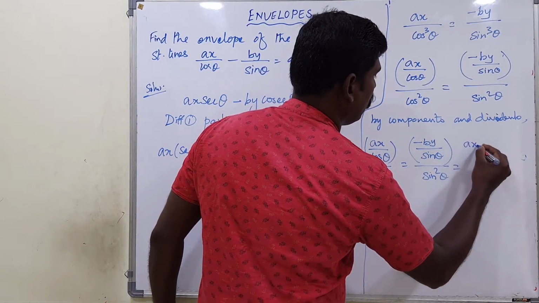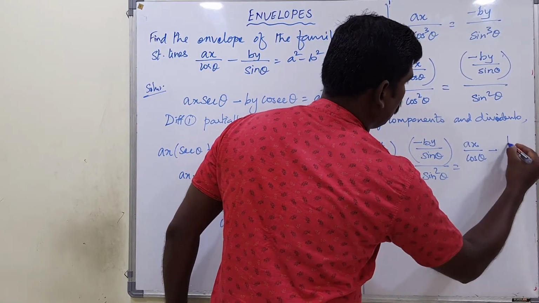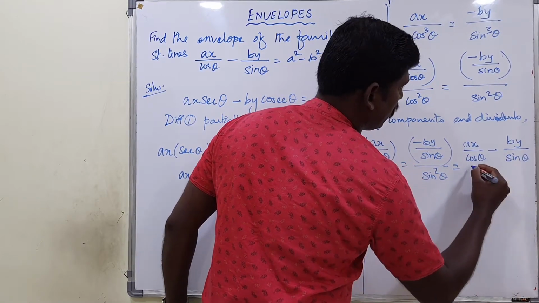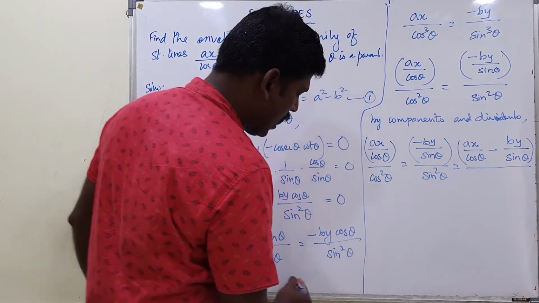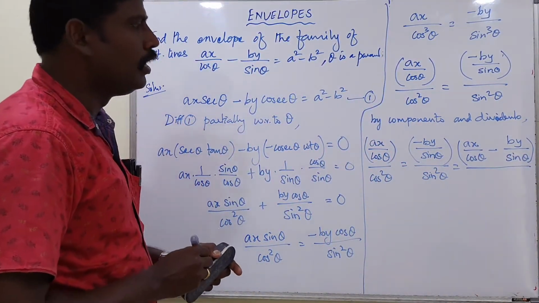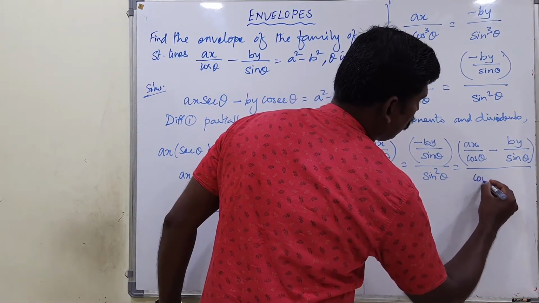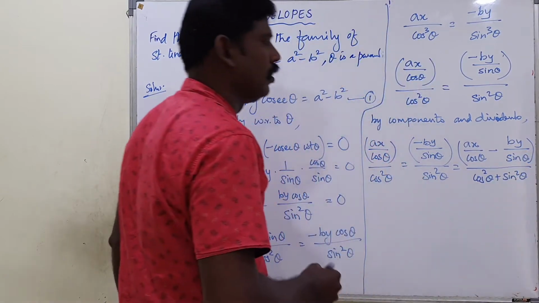What will you get? Ax by cos theta minus by by sin theta, isn't it? Just adding both numerators and denominators. Same like that, cos square theta plus sin square theta, right?